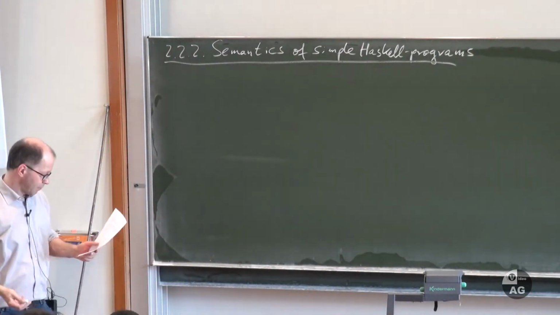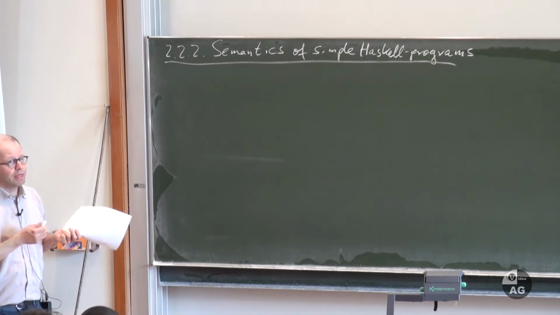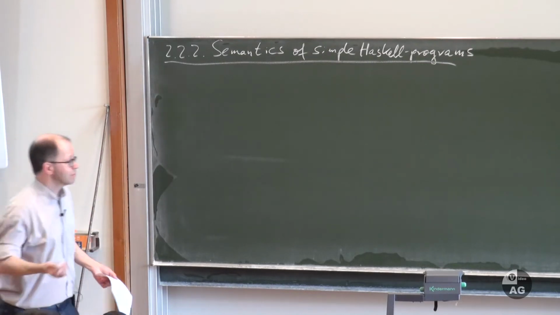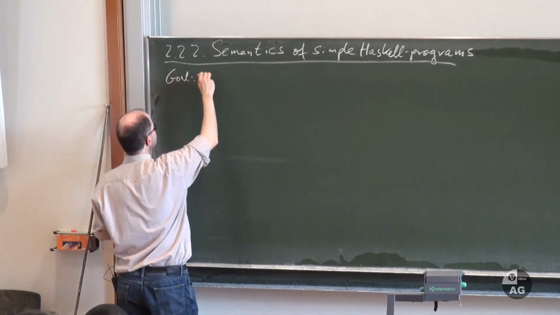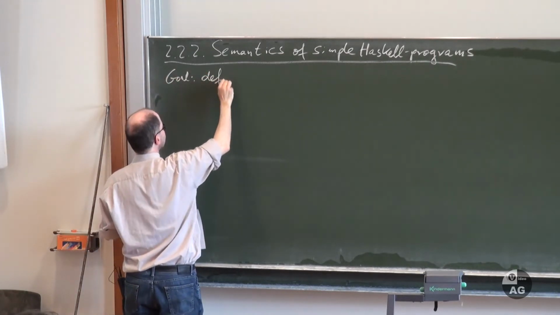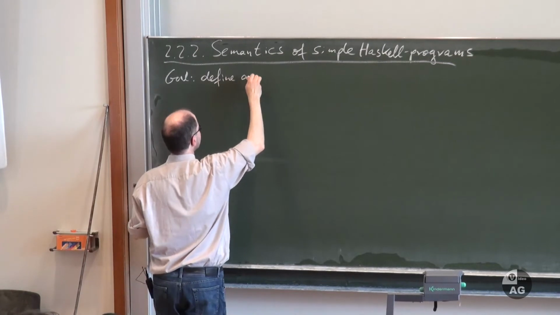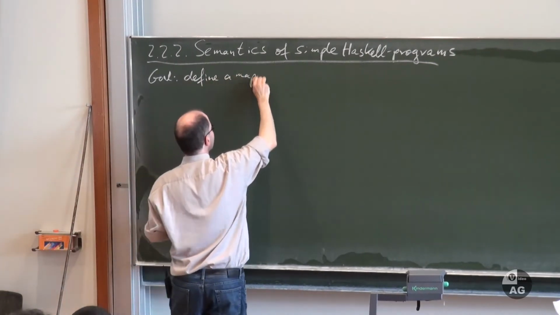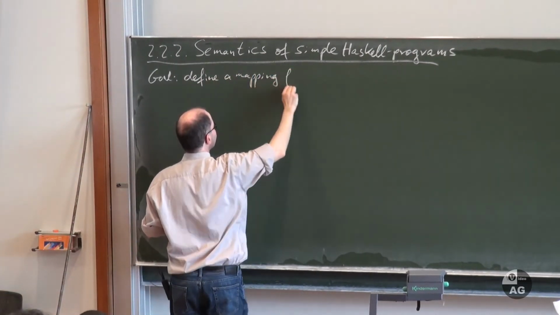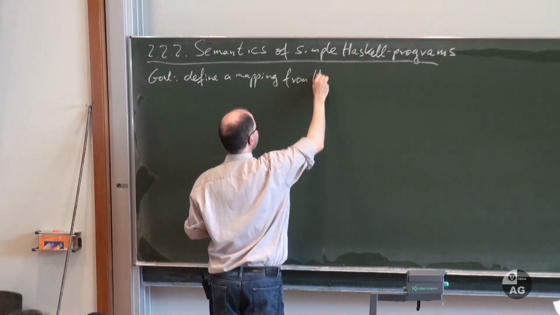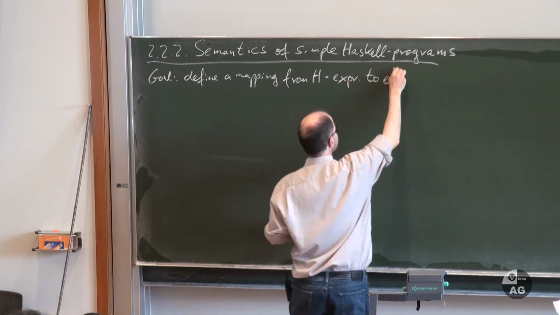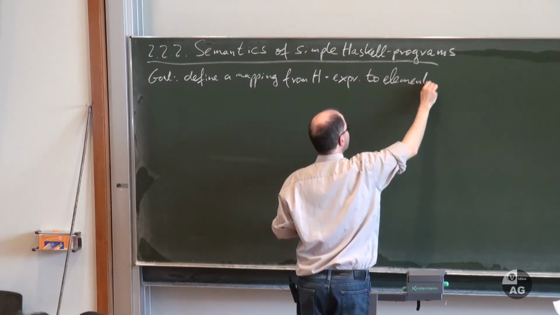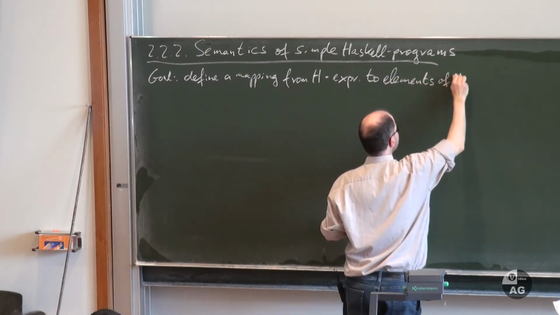So the idea is we want to define a mapping from Haskell expressions to elements of DOM. So the goal is to define a mapping from Haskell expressions to elements of DOM.